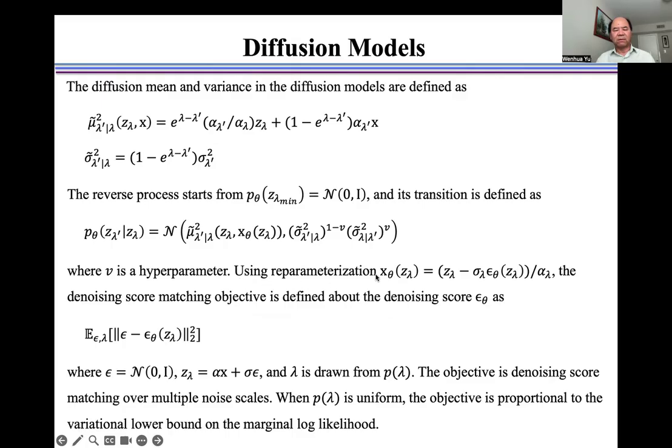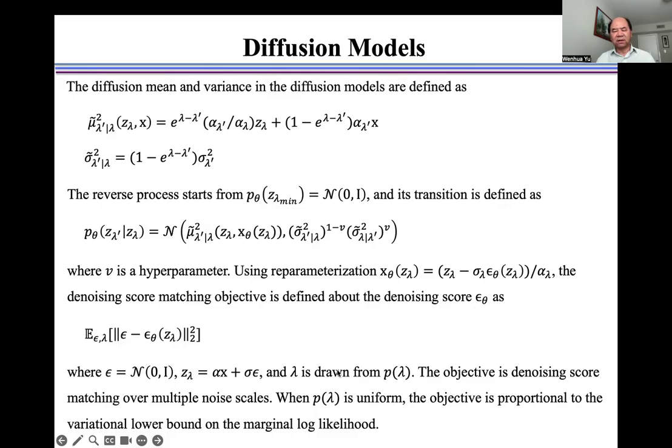Using the hyperparameterization here, the denoising score matching objective is defined about the denoising score epsilon theta as here, where epsilon is a normal distribution and Z lambda is computed from X and epsilon, and lambda is drawn from P lambda.